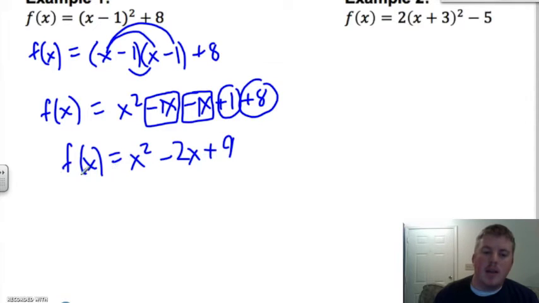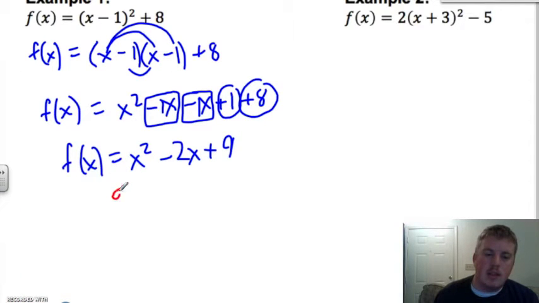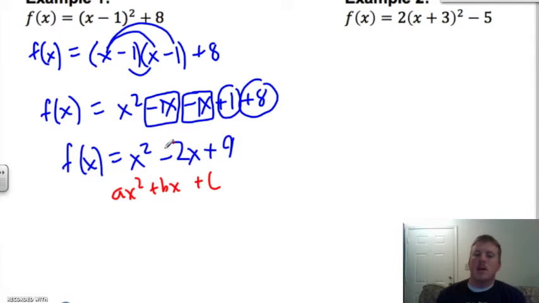So if I am looking at this, just to illustrate that this is in standard form, this does match our ax squared plus bx plus c. You can see we have the x squared term, we have the x term, and we have the constant. So we have completed converting this from vertex form to standard form. Pretty simple process. We're just drawing on skills we've used before to expand our term that is squared, and then we just combine like terms.